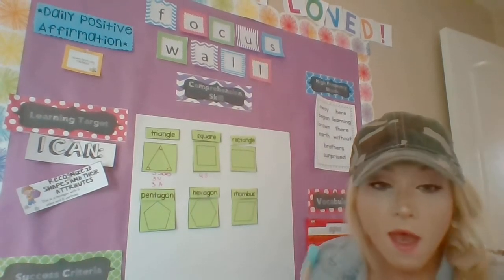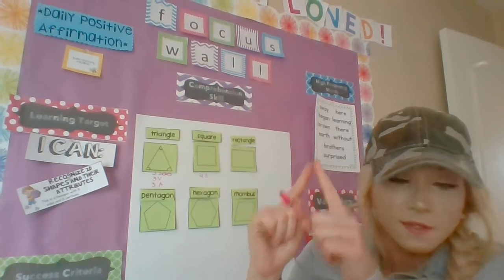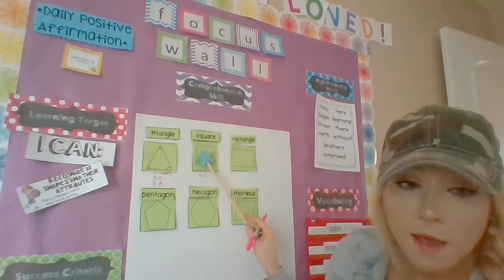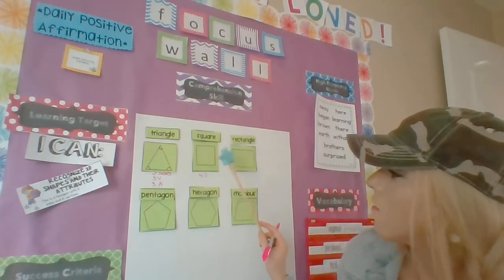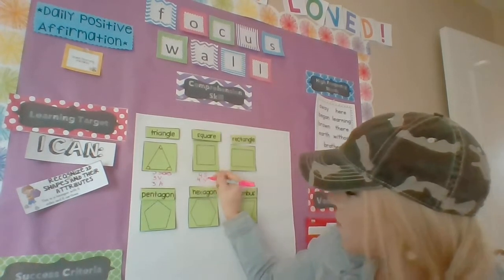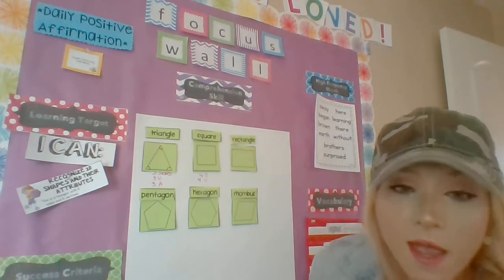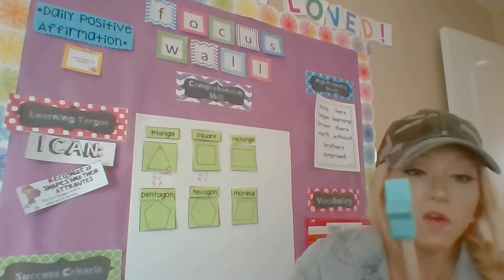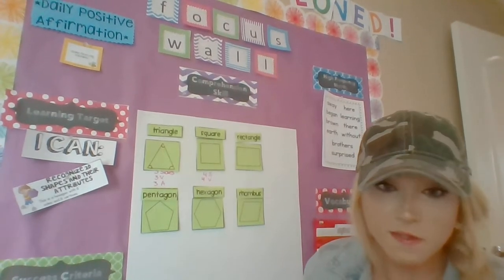Now let's count the vertices, which are the points where the two sides meet. Let's count the vertices. Ready? Begin. 1, 2, 3, and 4. Okay. 4V, short for vertices. And last but not least, let's count the angles. But I'm going to draw the angles first so you can see how it's different than a vertex.